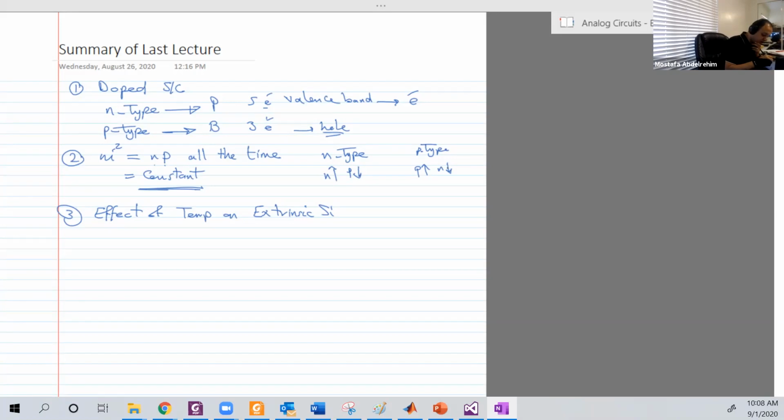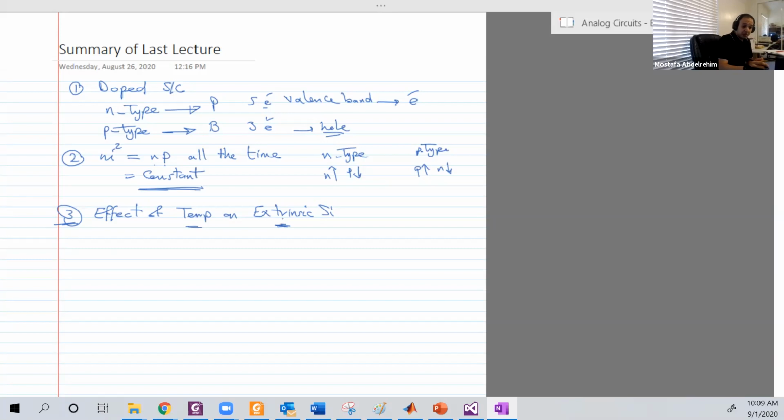We also talked about the effect of temperature on extrinsic silicon, and we said that we have now two silicons. We have the intrinsic silicon, in which no impurity atoms are added, so we call the carrier density Ni in intrinsic. And we have extrinsic semiconductor now, in which we added some impurities like phosphorus or boron.